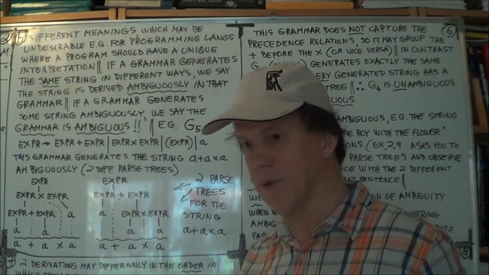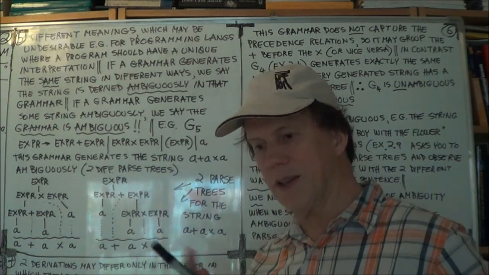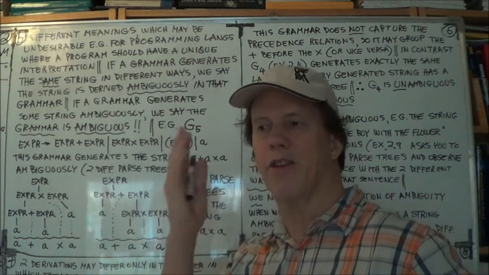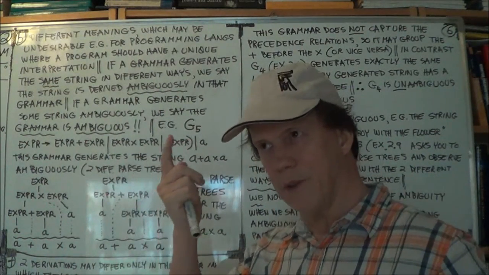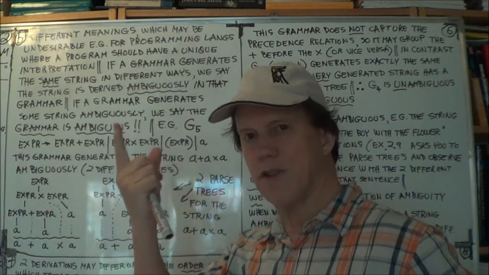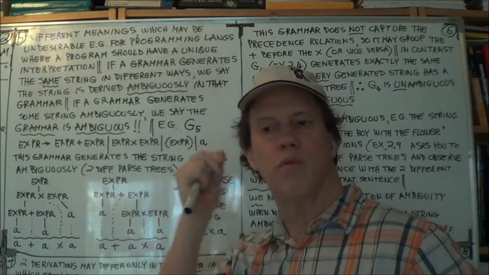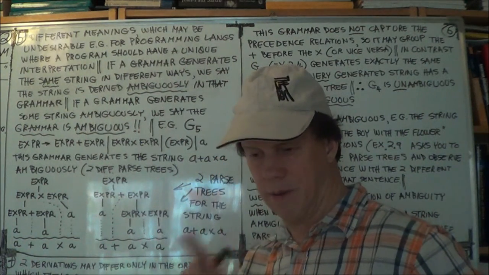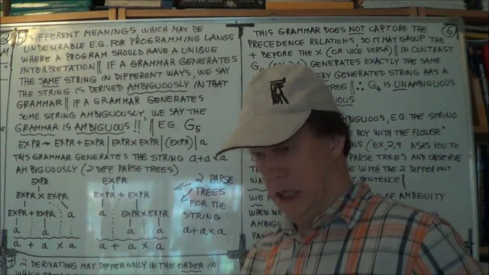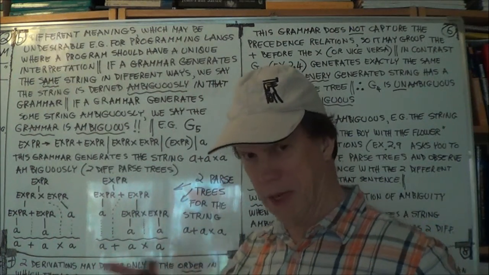The grammar is ambiguous. Why? Well, because it generates a string. You don't have to generate many strings. For a grammar to be ambiguous, it's enough for it to generate just one string that has two parse trees. Okay, that's enough for that grammar to be labelled ambiguous. It's a bad thing.